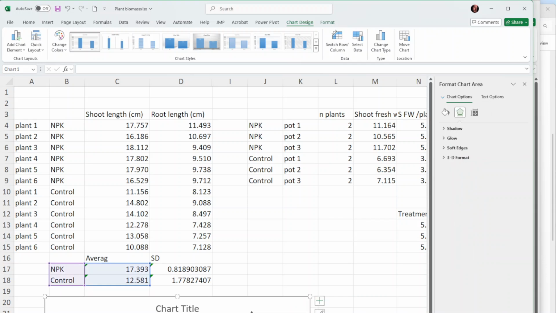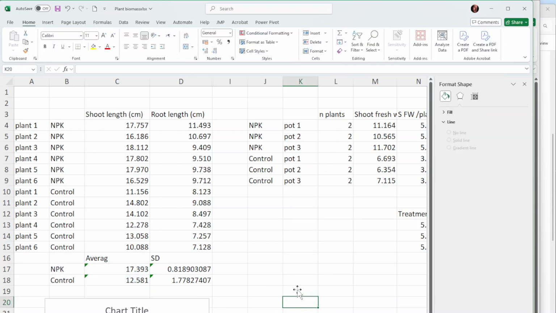Next thing I want to teach you guys is that in Excel you are able to do statistics. But in order to do statistics, you need to organize your data in a different way. Here will be NPK, and here will be control, and you copy the data from the NPK and the data for the control side by side.